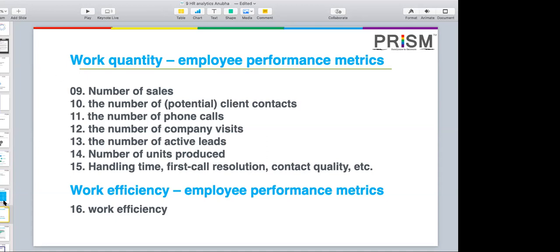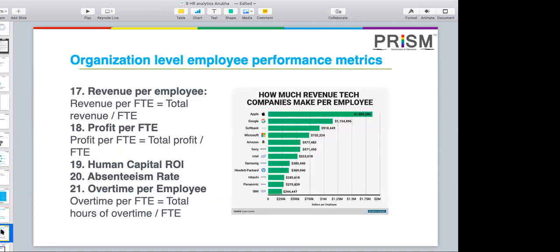So with that note, you will see that we have organization-level employee performance metrics. We use revenue per employee, profit per FTE, human capital ROI, absenteeism rate, overtime per employee. These five organization-level metrics are very important performance metrics, which can help you assess your own competitiveness.